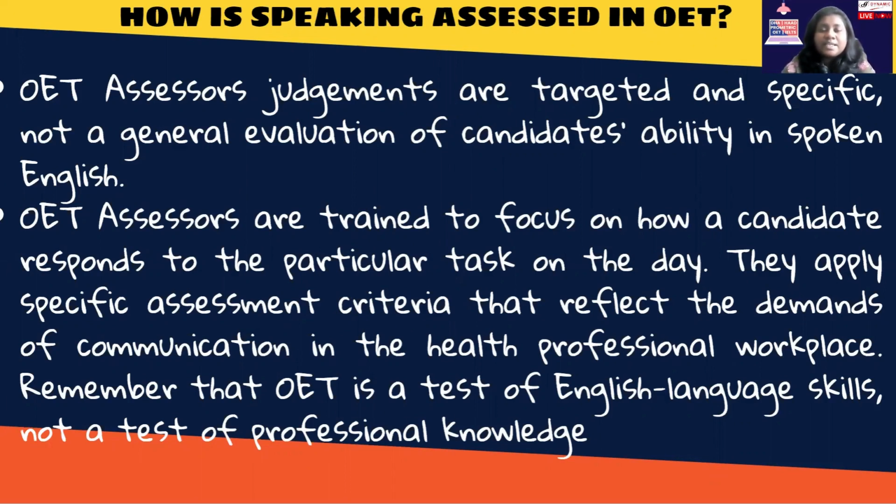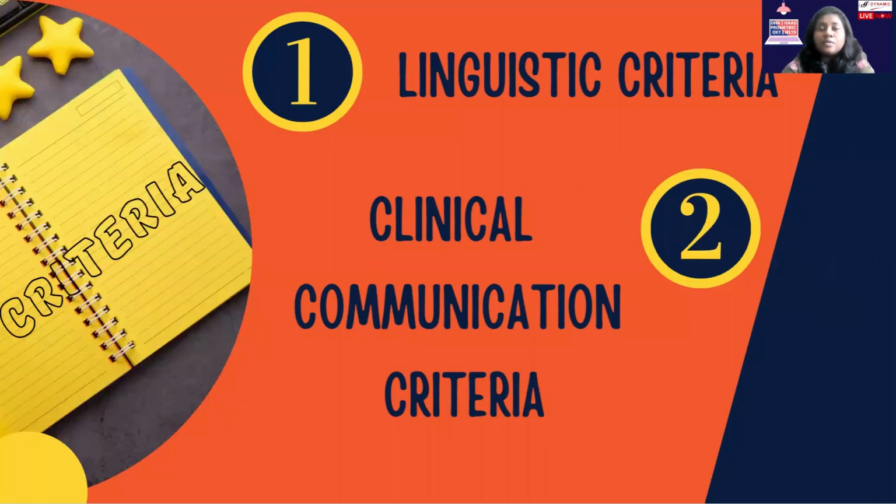These OET assessors target only the particular criteria framed by OET to judge your speaking, or your ability in spoken English. So we can move on to the criteria that are used to assess your speaking ability. There are a total of 9 criteria, and these are divided into 2 groups, mainly linguistic criteria and clinical communication criteria.